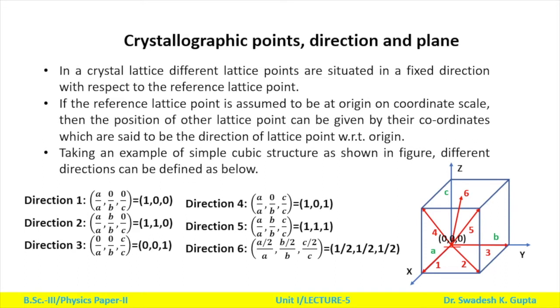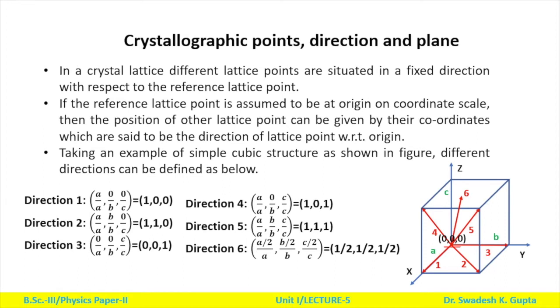If the reference lattice point is assumed to be at the origin on the coordinate scale, then the positions of the other lattice points in the unit cell can be given by their coordinates, which are said to be the direction of the lattice point with respect to the origin.